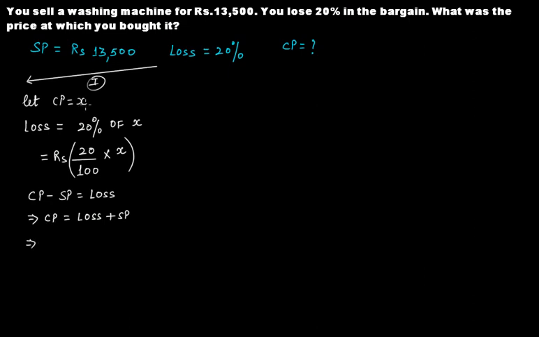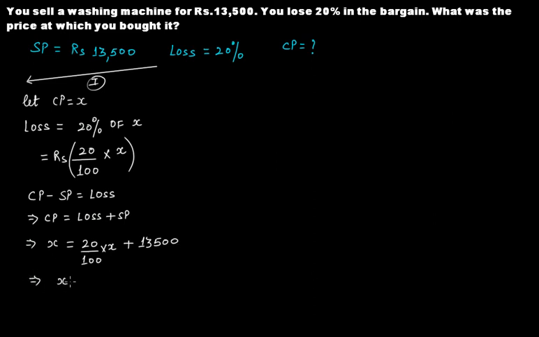We have assumed that the cost price be X. So this is X. Now this X is equal to, what's loss? Loss is this much. So 20 over 100 times X plus, what's the selling price? Selling price is 13,500.